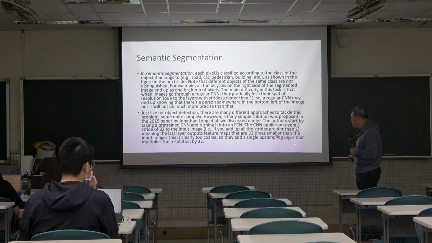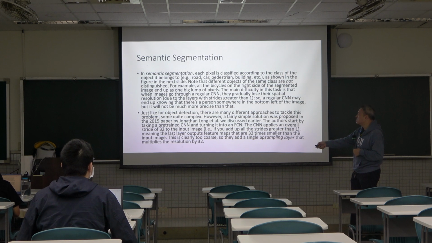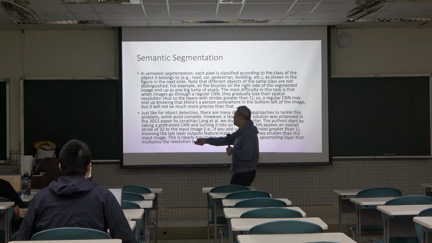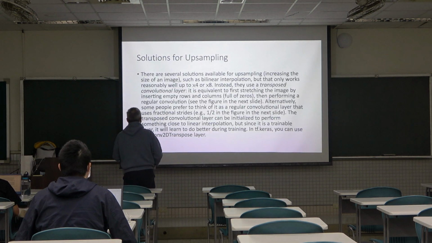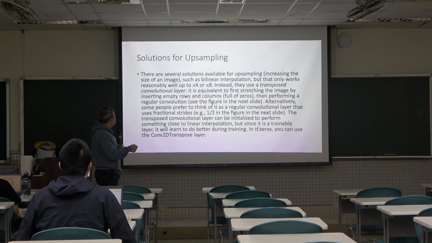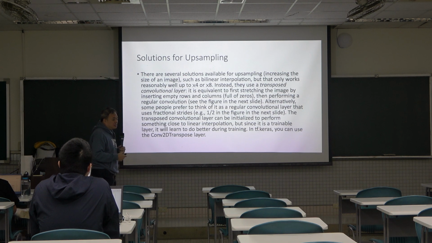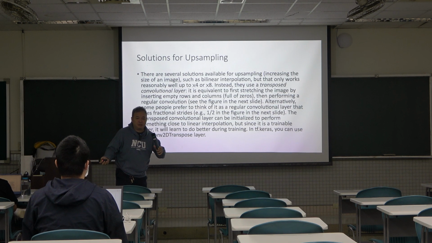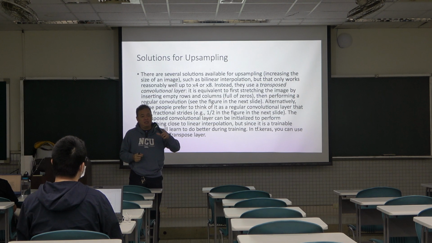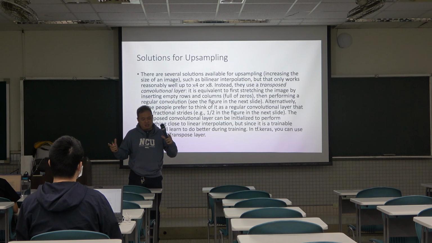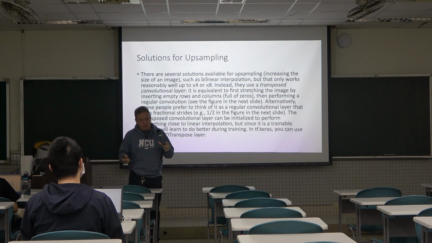So what is upsampling? Basically, you guys know downsampling, right? It is when we set the stride to be greater than 1, or when we use max pooling, where we also have to set the stride to a value greater than 1.